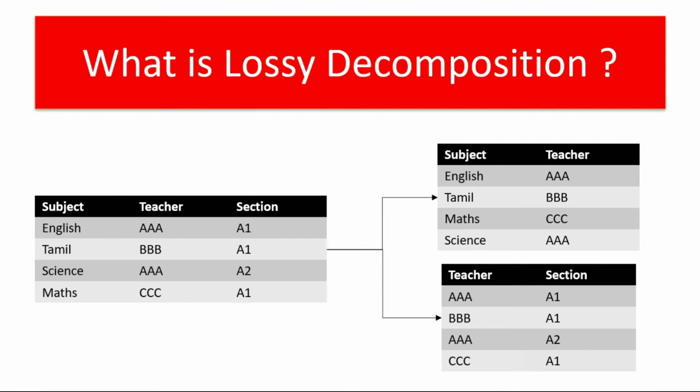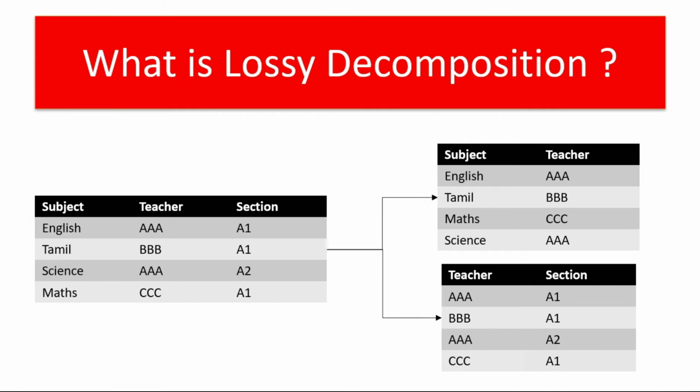Now when we try to split this table into two, the first table will be subject and teacher, the second table will be teacher and section. While splitting these tables, somewhere we have lost data. I will explain. In the first table, teacher AAA handles English and AAA handles science. In the second table, teacher AAA goes for section A1 and AAA goes for section A2.